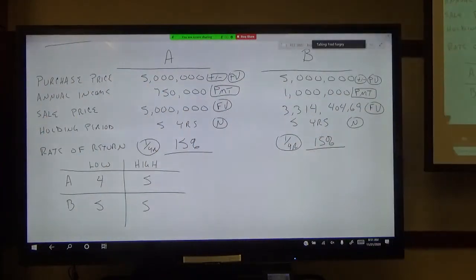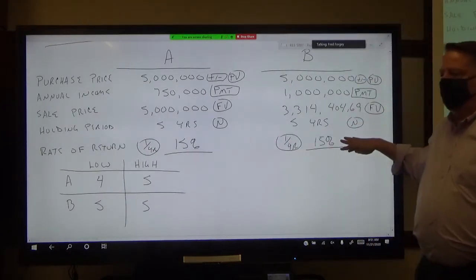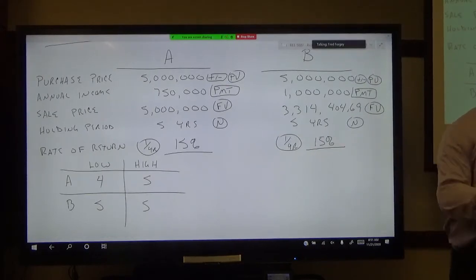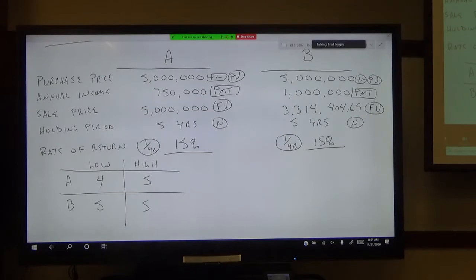Okay? Now, let's take a look at why it is what it is. Both of them have the same overall rate of return. If we were just judging on the rate of return and nothing else, they would be equal. But we're not, because we have to factor in other things.